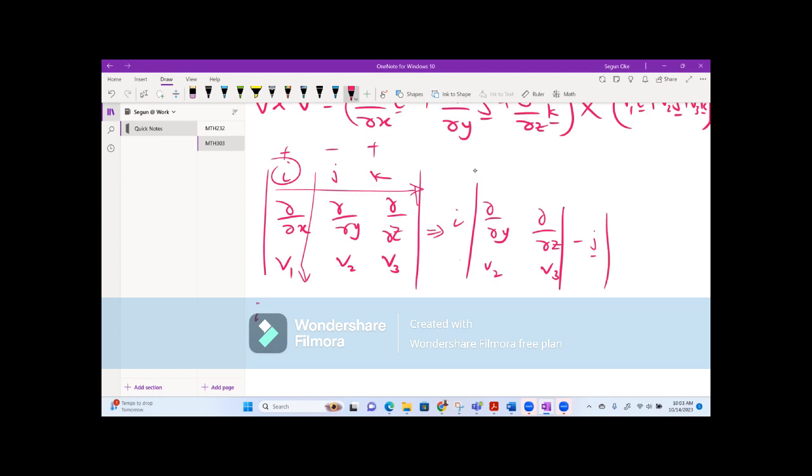If I release i now and pick j, the row and column of j will also be removed, so it will remain d/dx, d/dz, which is v1 and v3. Plus k.